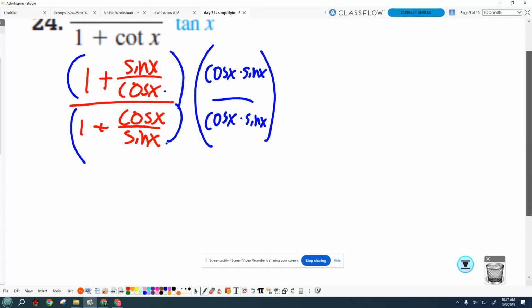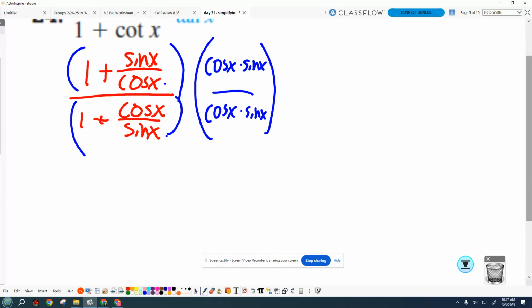So Luca, we're gonna get to the same place, it just looks different. What is 1 times stuff? Stuff. Okay, so 1 times stuff, I get cosine x, sine x. This one, I'm doing sine over cosine times cosine sine.